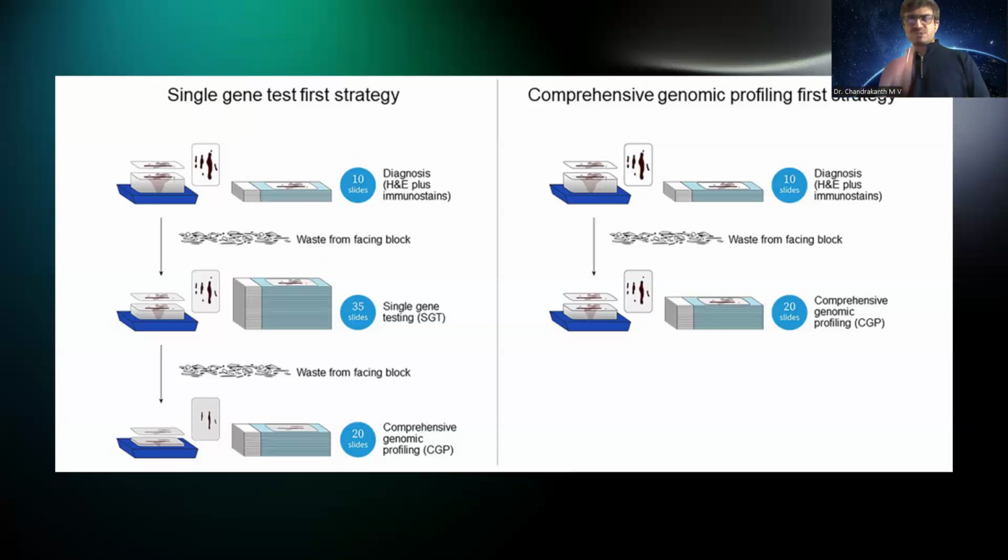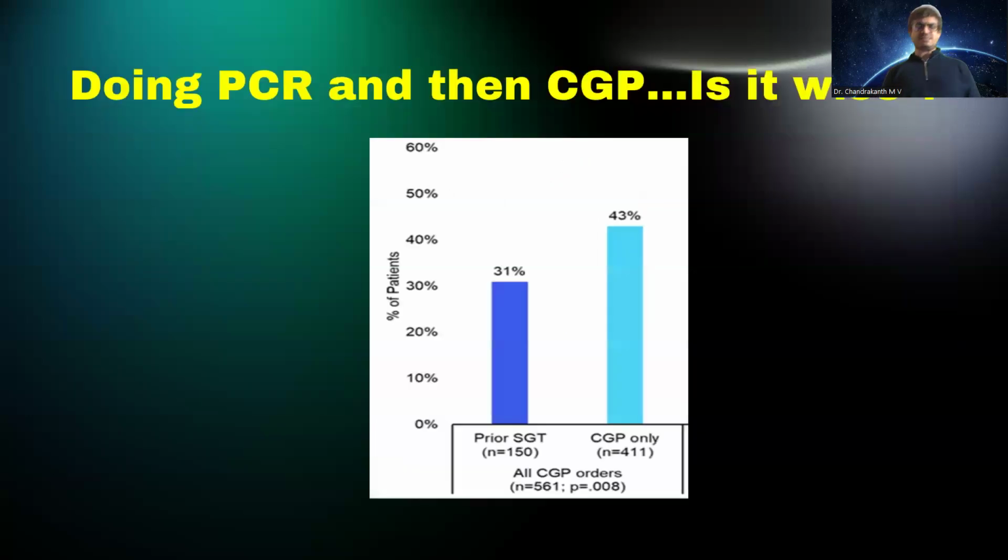Then coming on to the CGP first strategy. If I do a CGP first strategy, I will need only 10 slides for diagnosis, that is histopathology and immunohistochemistry, but the remaining tissue is adequate for performing a CGP. Therefore, a CGP first strategy is where I will have adequate tissue available, and this is reflected in this particular study.